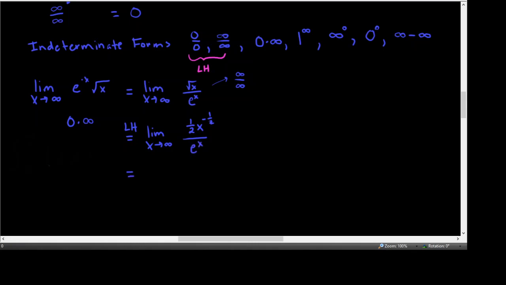And then algebraically rewriting this in an easier to deal with form, we'll get 1 over 2 e to the x square root of x. And as x heads toward infinity, the denominator heads toward infinity, and 1 divided by an infinitely large thing is headed toward 0.